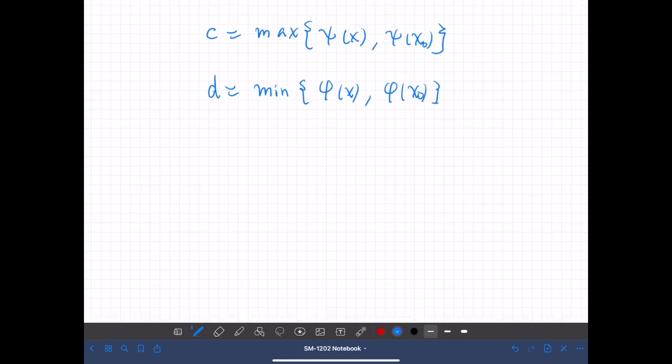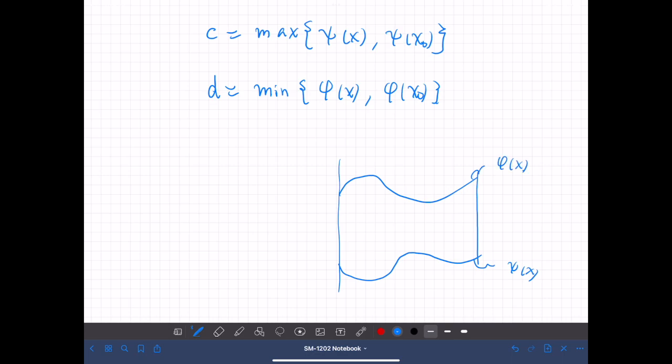What this means is that we are considering some closed region like this. So this is psi, and this is phi, and a, b.